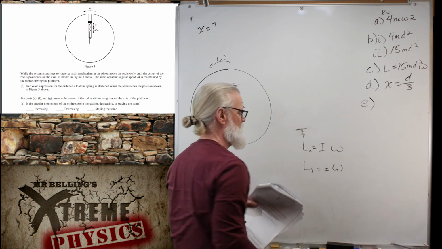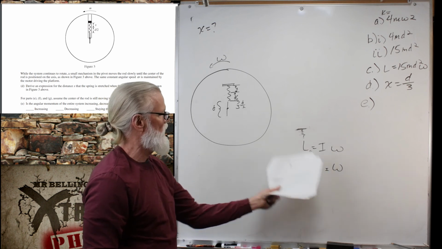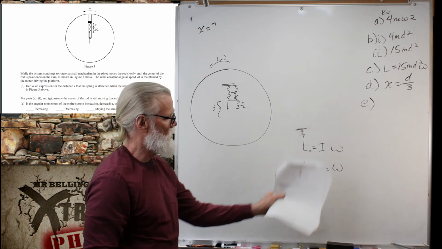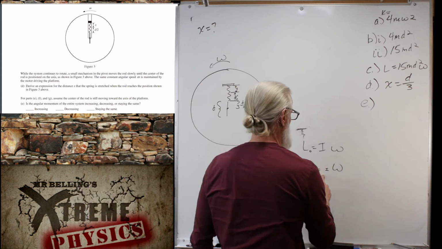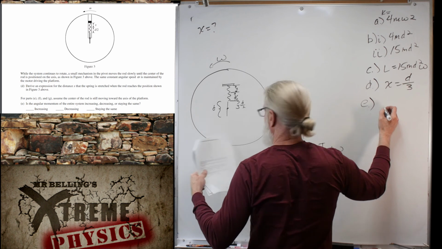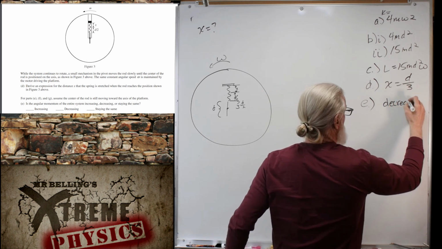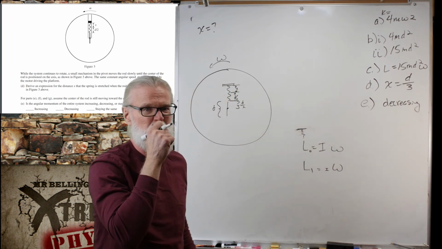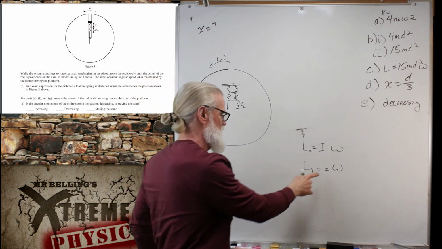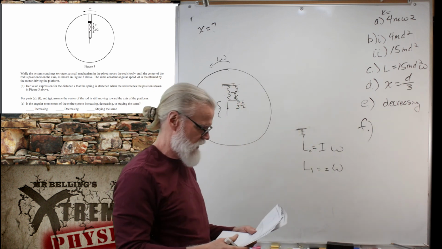Omega stayed the same. So what happened to the angular momentum? I got smaller because it's more towards the center. Omega stayed the same because of the motor. So the angular momentum is smaller. Decreasing. They didn't say smaller, they said decreasing. The angular momentum is decreasing because the moment of inertia is decreasing, but omega is staying constant.